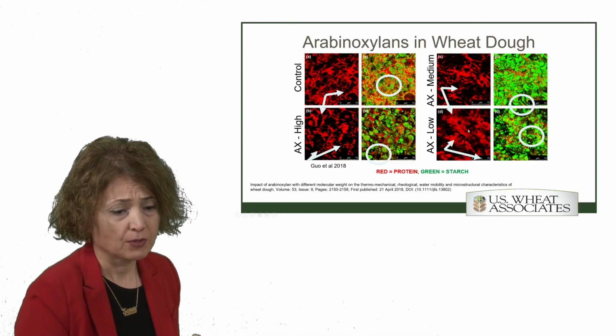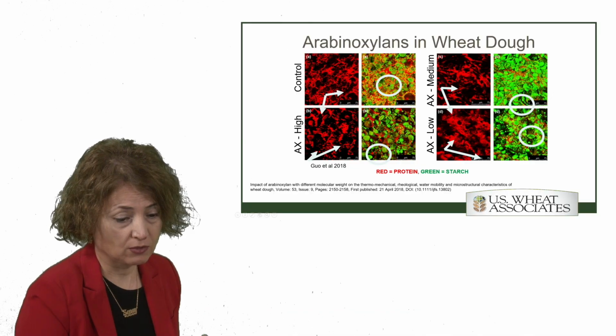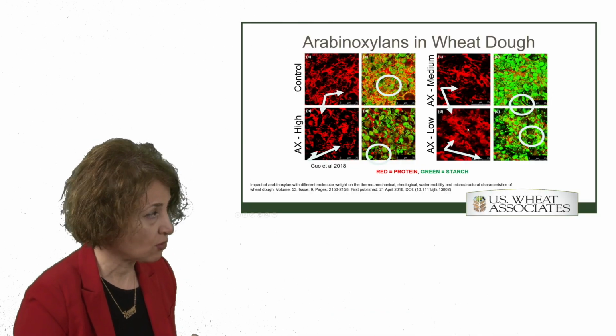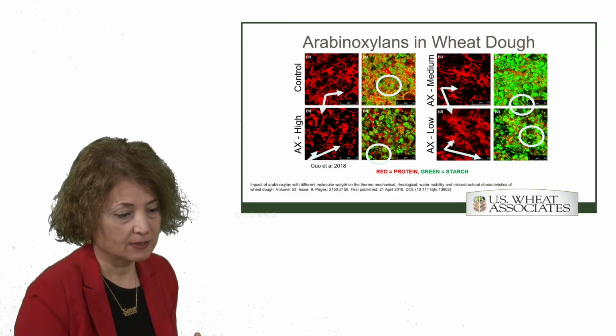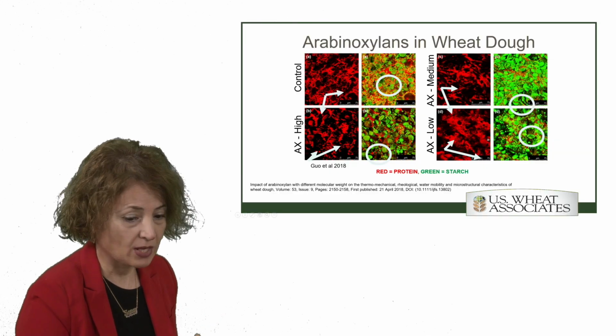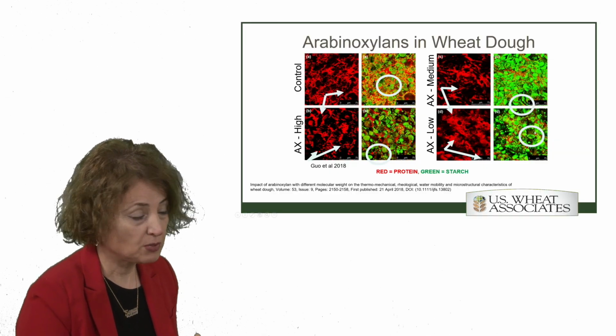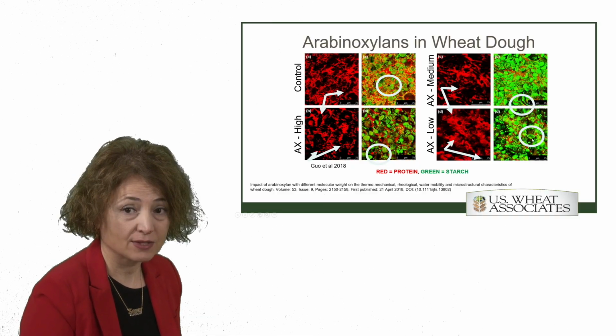And here we have starch molecules shown in green and the protein molecules shown in red. Here we can actually see that the arabinoxylans are interacting with proteins, and the smaller, medium-sized arabinoxylans actually stabilize the gas cells.